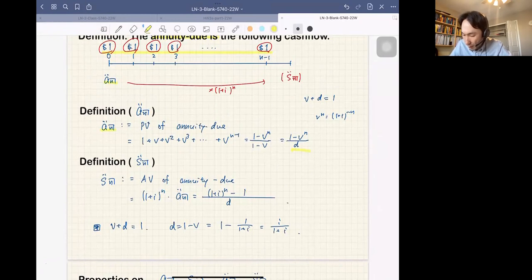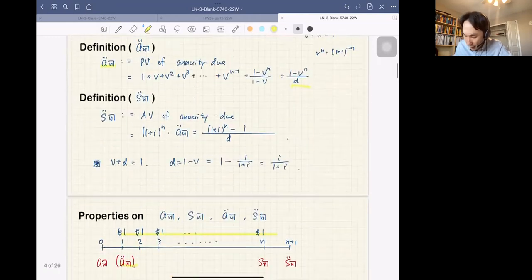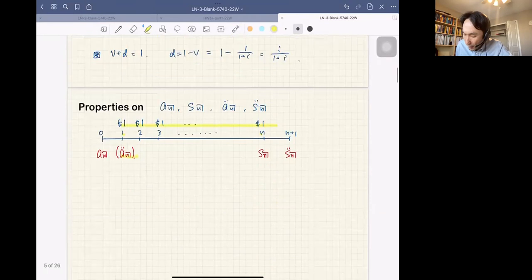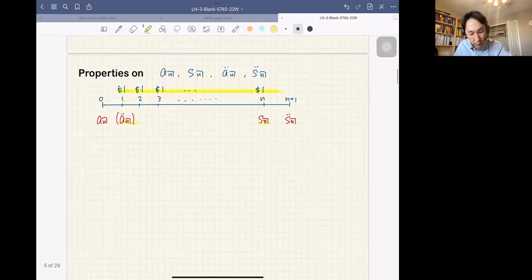But if we shift this by 1 year to the right, then this just becomes 1 to n. So a double dot right angle n is the value of this cash flow at t is equal to 1. And s right angle n is just as is, and s double dot right angle n is n years after a double dot right angle n. So we can evaluate this cash flow at time n plus 1, that becomes s double dot right angle n.